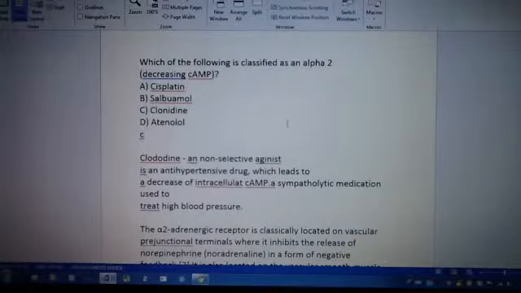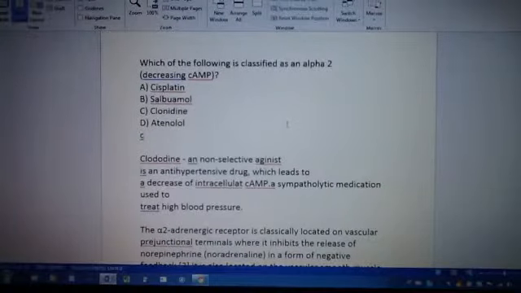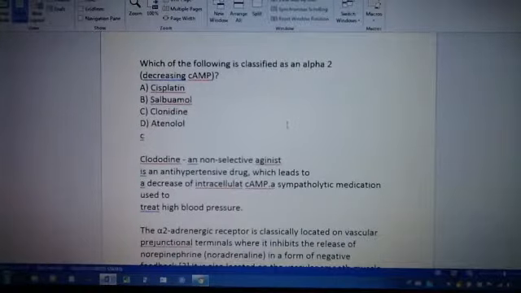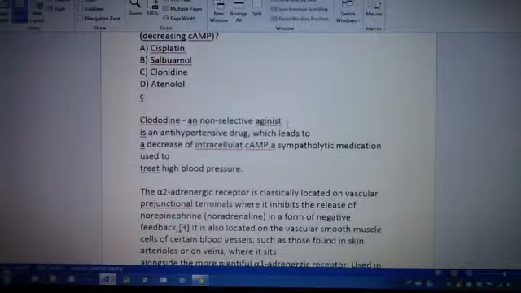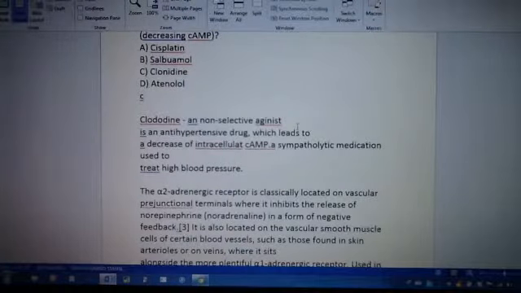Okay, I'm wondering if I should have written an alpha 2 agonist or antagonist. I think it's agonist. So the answer is C, clonidine, for the alpha 2 agonist. Clonidine is a non-selective agonist and is an antihypertensive drug which leads to a decrease in intracellular cAMP, and it is a sympatholytic medication used to treat high blood pressure.